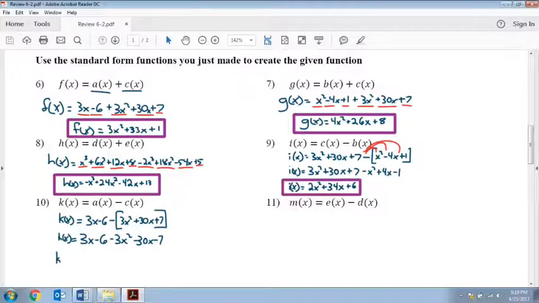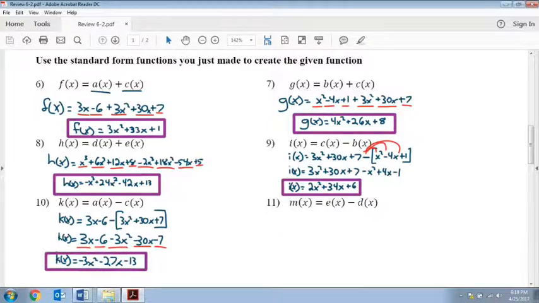Then combine your terms. Start with your highest exponent, so that's negative 3x squared. Then do the x's. I got 3x and negative 30x, so that makes negative 27x, and then negative 6 minus 7 is negative 13.